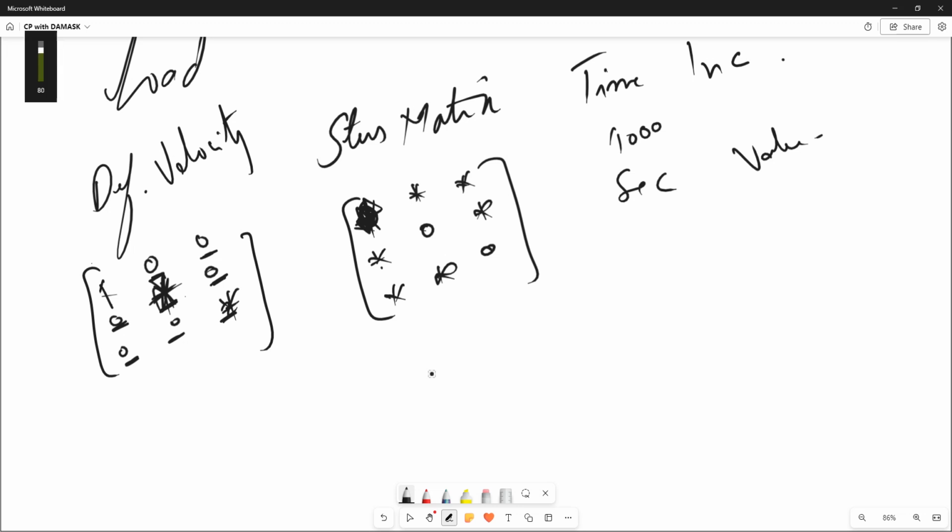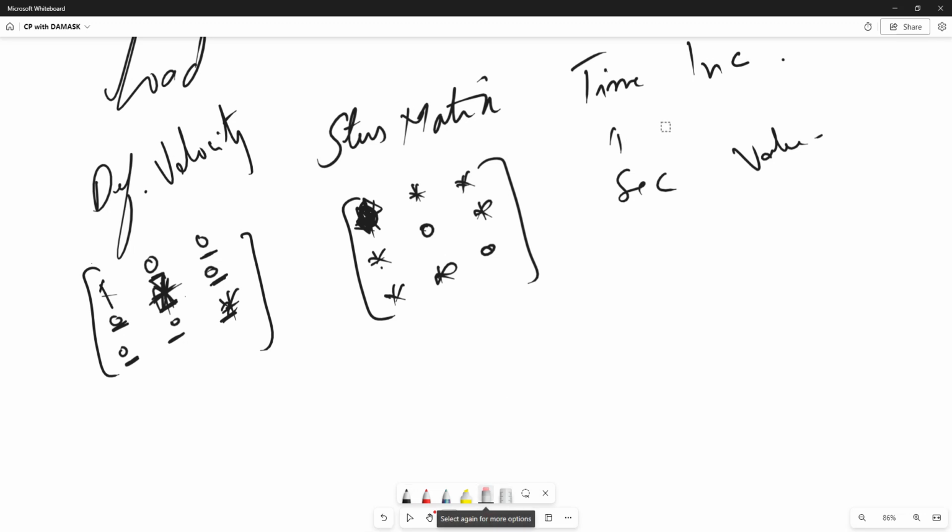I want to apply this deformation velocity for 1 second. The question is, do I want to just calculate this 1 point, or do I want to calculate 3 or 4 or 5 points between these 2 points? Yeah, I get it. And this is the number of increments.